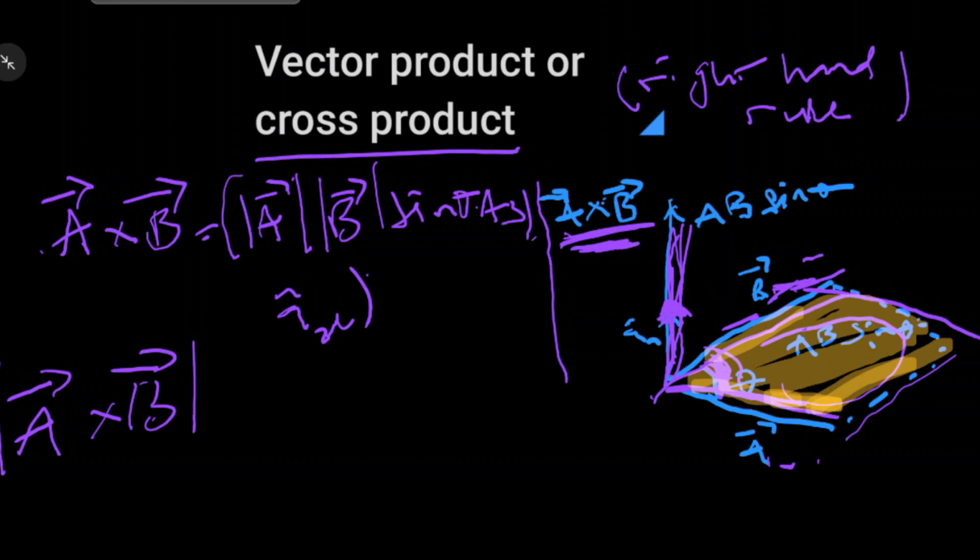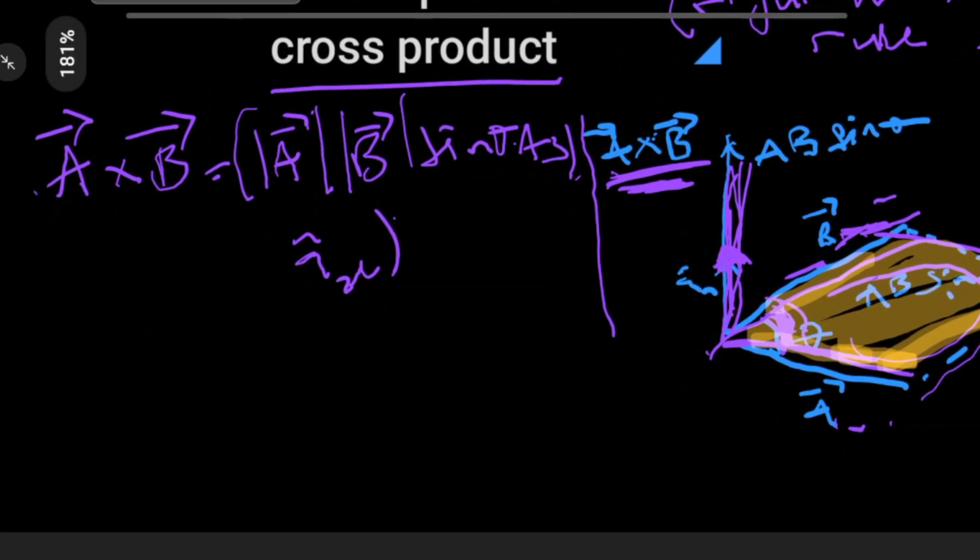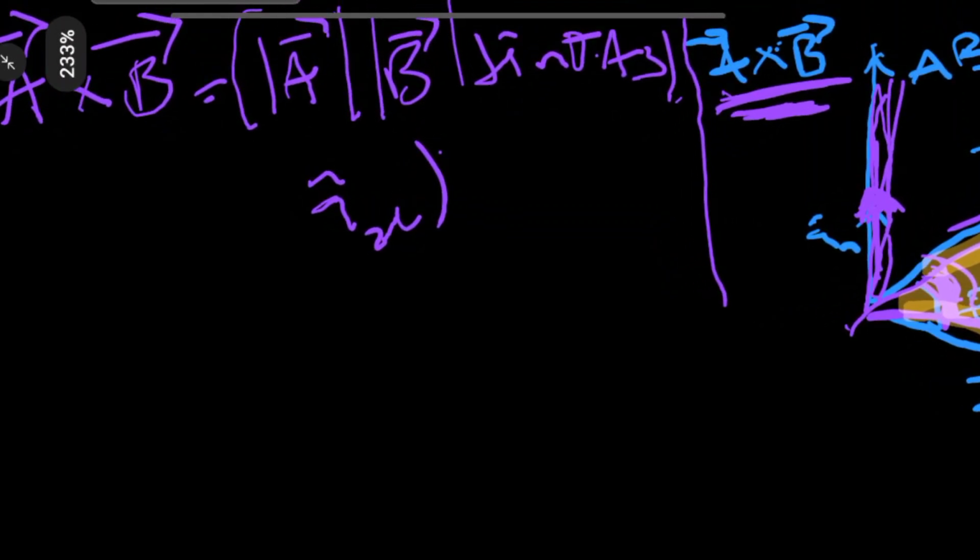Right, so we have more key points to make here. The cross product is anti-commutative.